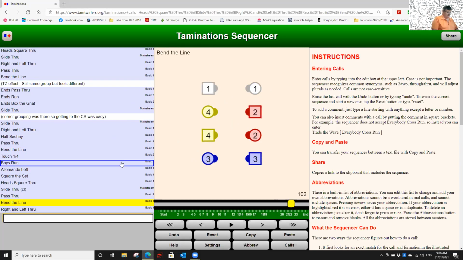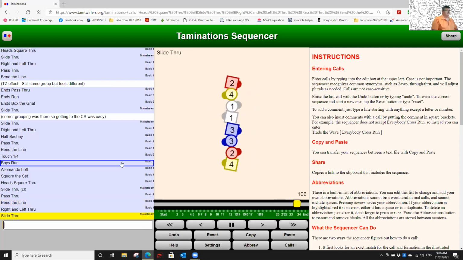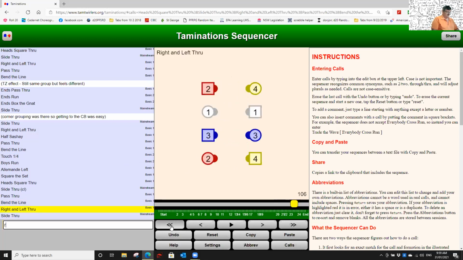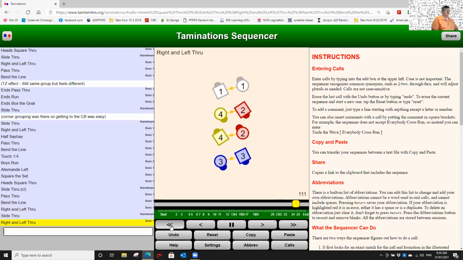Because if I did the slide through, okay, there's your dive through square through 3, which is that part of the chicken plucker that was missing. Or if he does the right and left through, same kind of thing. It's just moving that right and left through.